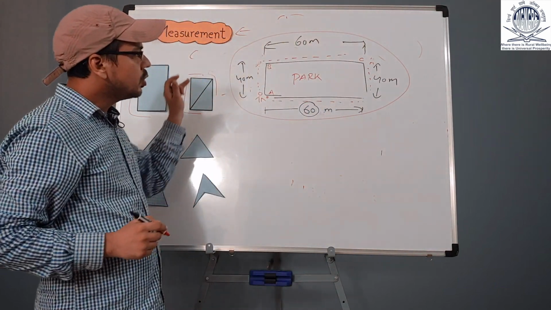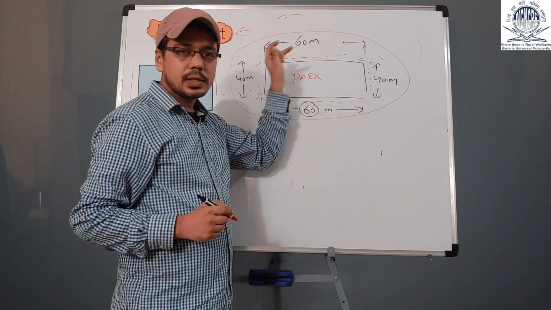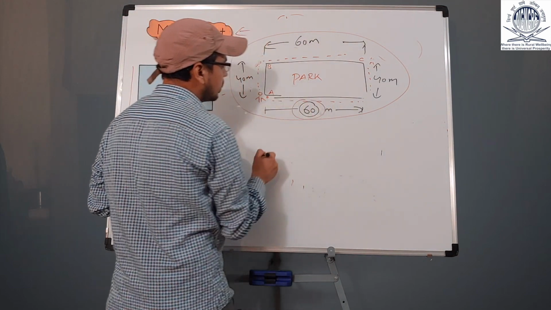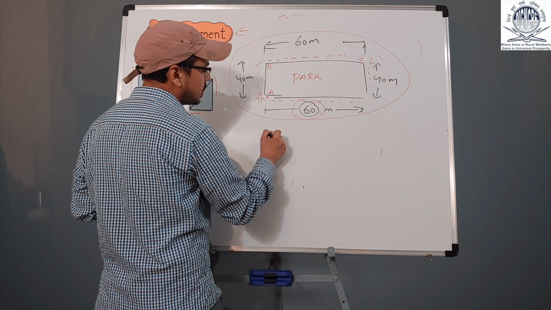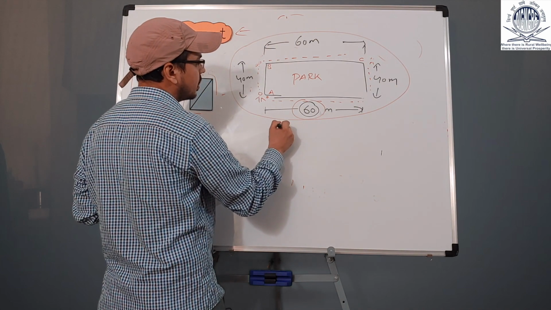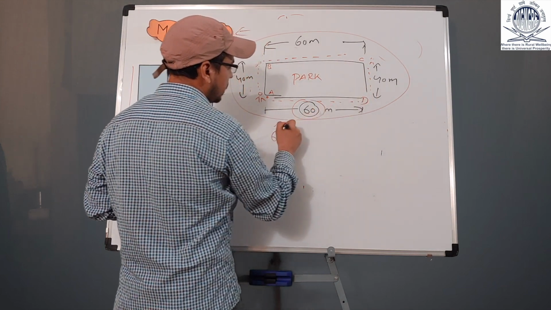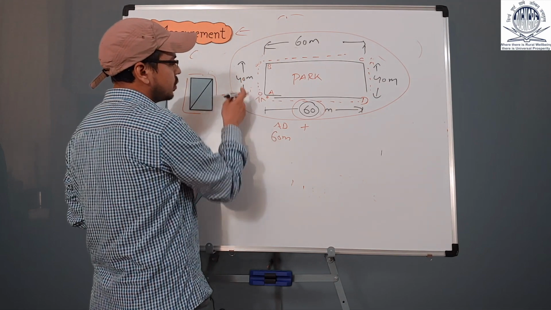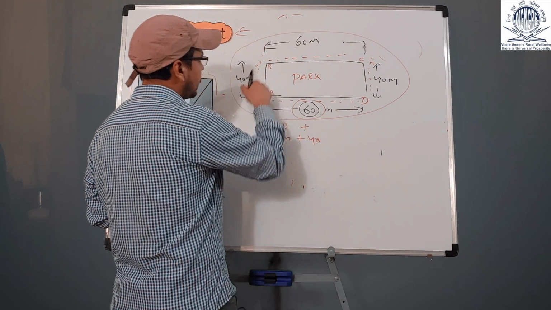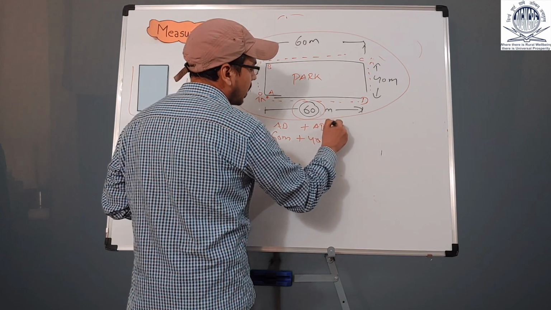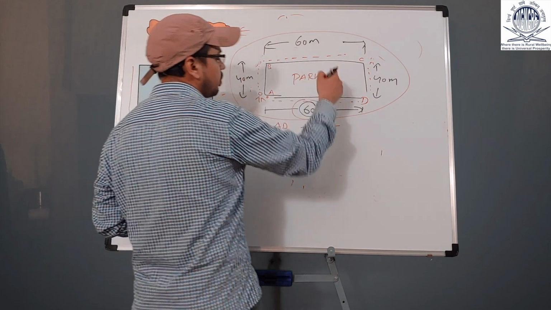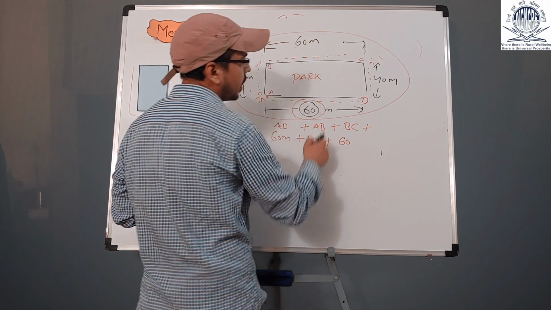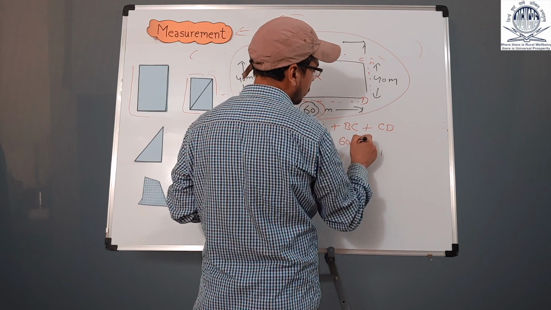So when you calculate and get the sum of all the sides, let's say I get this side 60 meters, which is AD, and if I add this 60 to this 40, which is my AB, and add this to BC, which comes out to be 60, and add this to CD, which comes out to be 40.